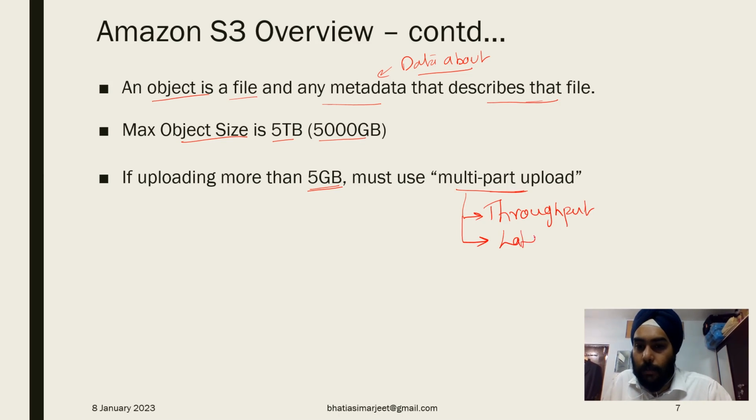Also, it helps in maintaining low latency, and it helps in recovering your object. So if by chance any network failure occurs, or any geographical failure occurs, you can recover your object if you are using this multi-part upload facility.